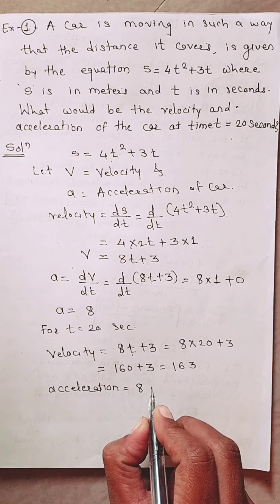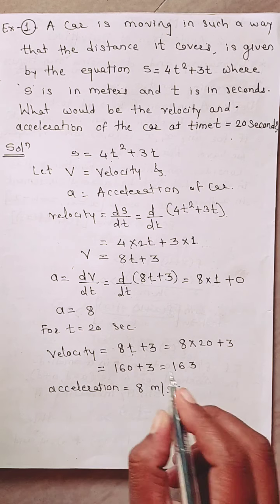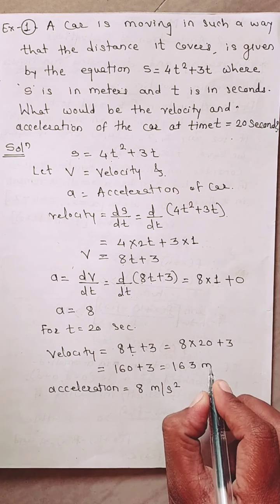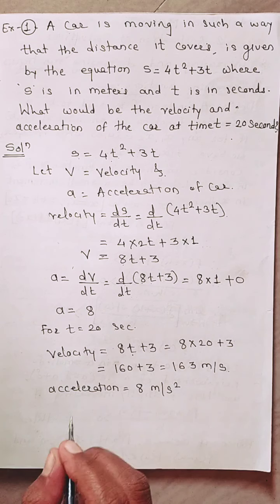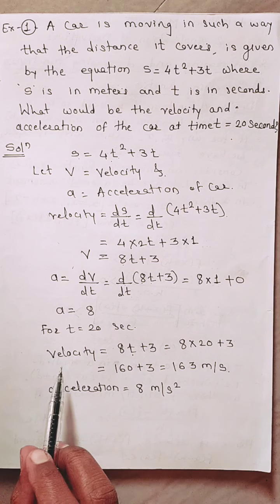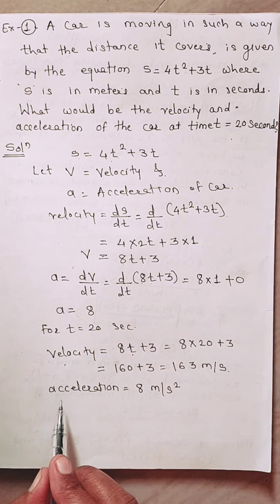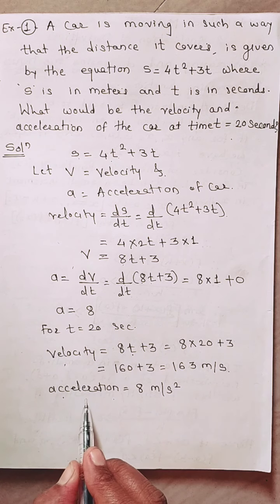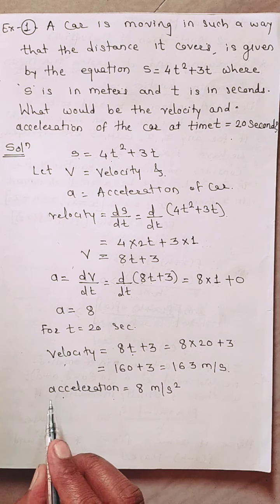The unit of acceleration is meter per second squared and the unit of velocity is meter per second. Therefore, this is the velocity of the given car and this is the acceleration of the given car at time t = 20 seconds.